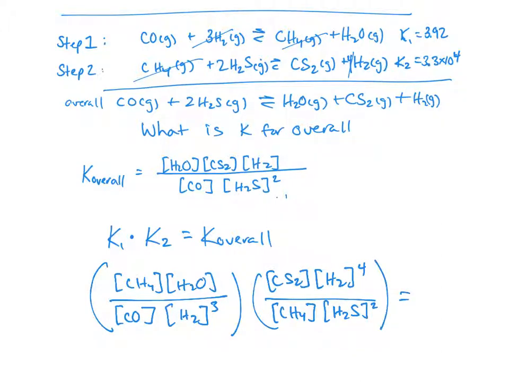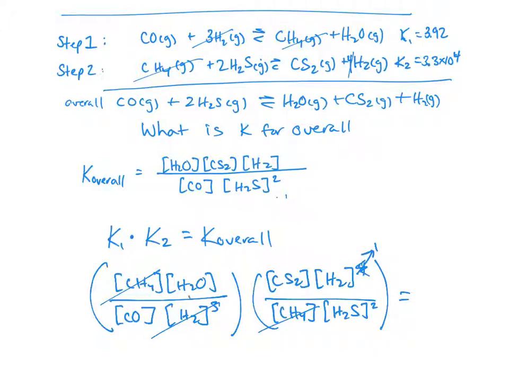All right. And now we can simply cross things out when they're going to cancel. So CH4 is going to cancel. 3 of our H2s are going to cancel in the denominator with 3 of the 4 in the numerator. So that goes to 1.